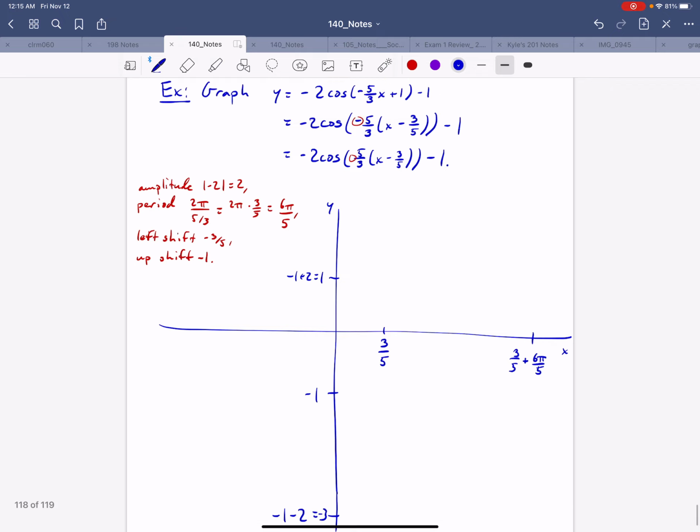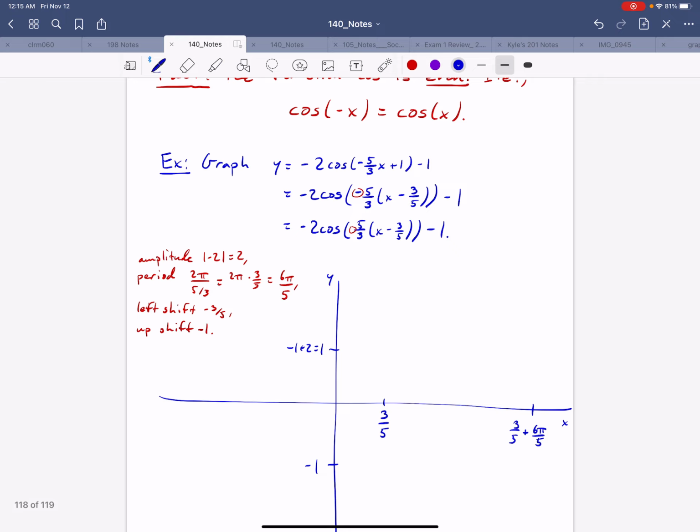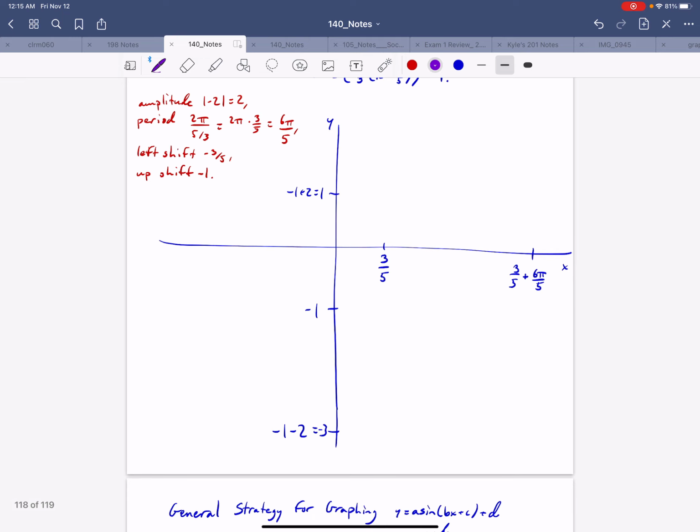Now, keep in mind, we do have a negative. We just want to keep that in mind when we're graphing, because we're going to flip it. Cosine would normally go one way, but instead it's going to do the opposite, because it's negative. So we're going to start right here, because it's cosine, and we're going to end right here.